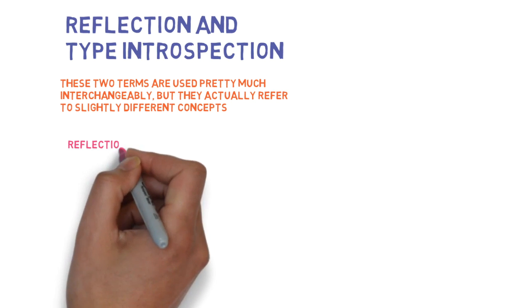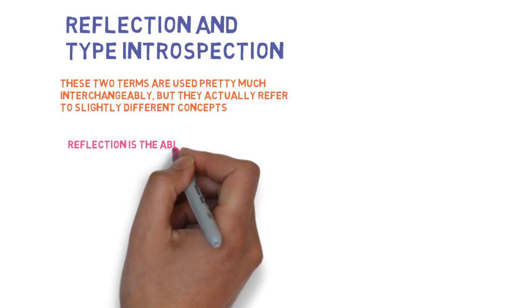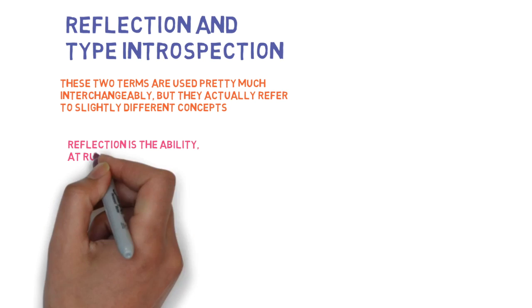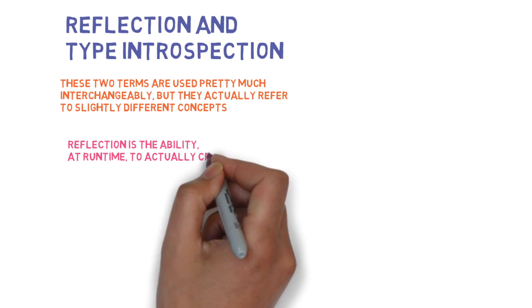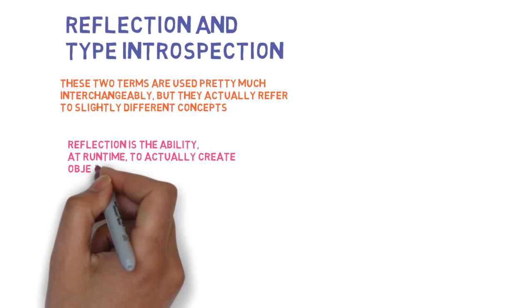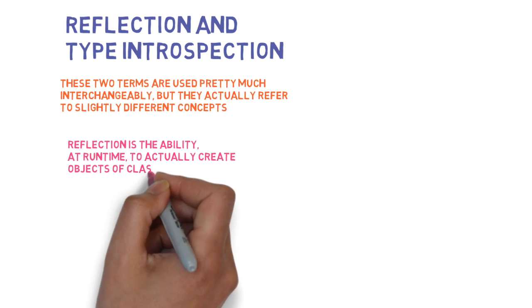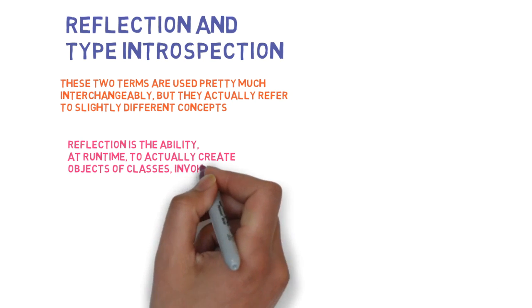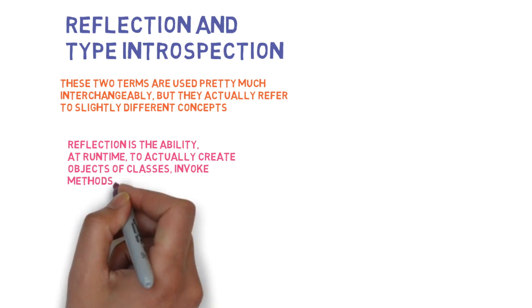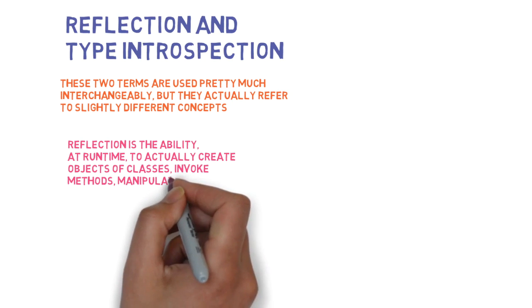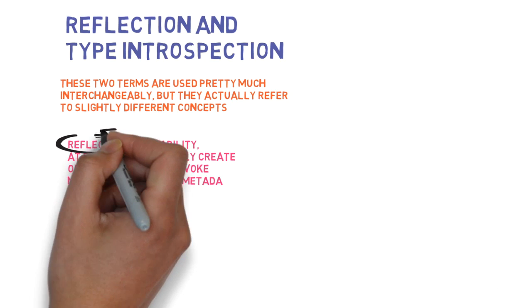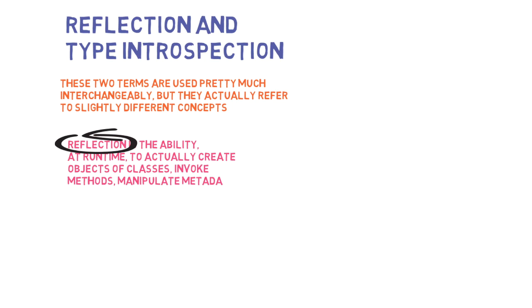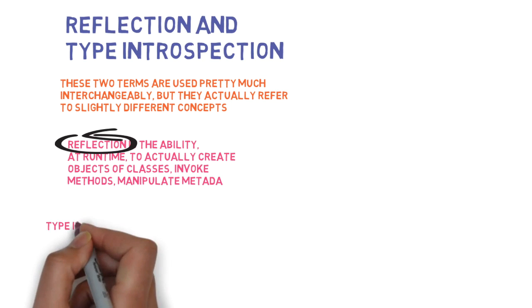Reflection is the ability at runtime to actually create objects of classes, invoke methods on those objects, and manipulate the metadata of objects. So this is important. Let's let it sink in. Reflection allows you to create objects of classes which are specified at runtime. Once we've created these instances, reflection allows us to invoke any methods on it or manipulate metadata.